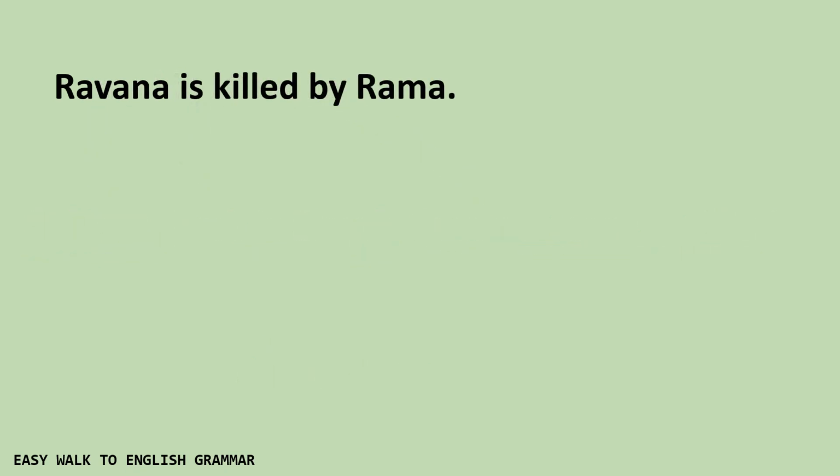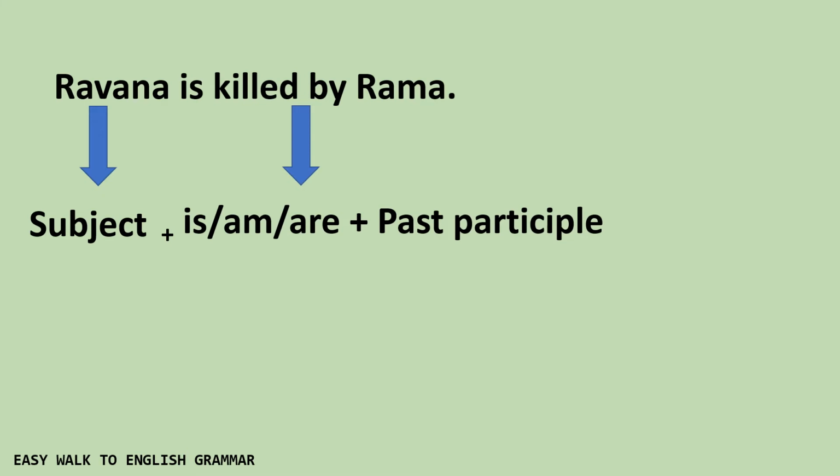Now we will analyze the passive voice form of the sentence in simple present tense. The previous object, Ravana, has become the subject in this sentence too. So subject plus is or am or are. As our verb in the active voice is in simple present tense, we have to use is, am or are according to the singularity or plurality of the subject, plus the past participle form of the verb.